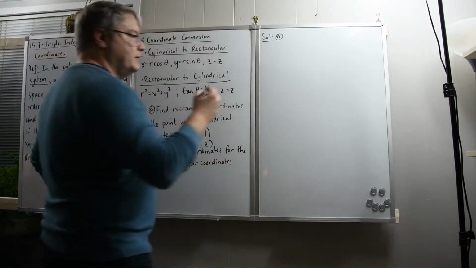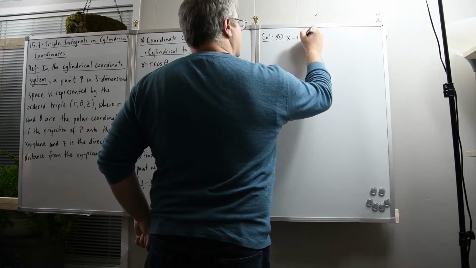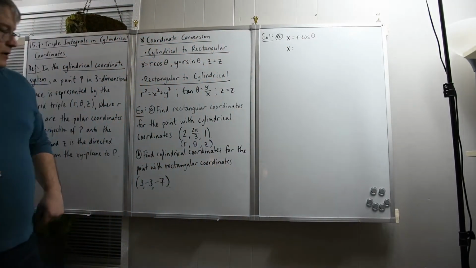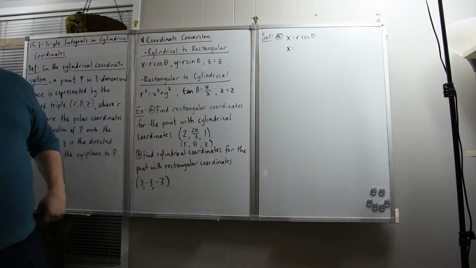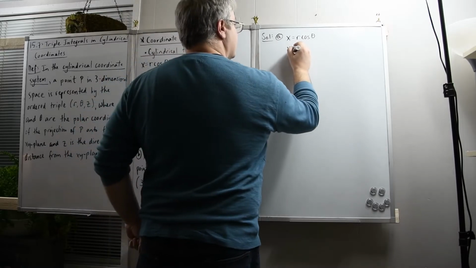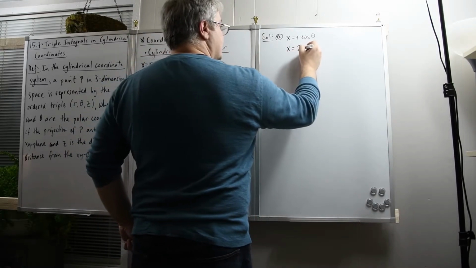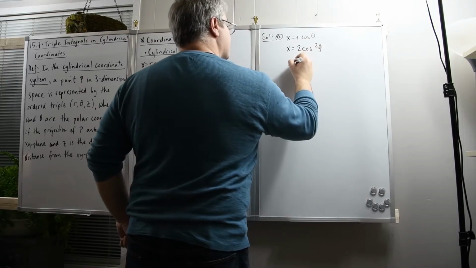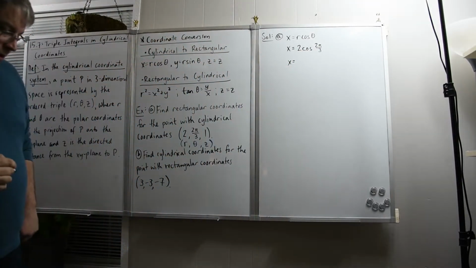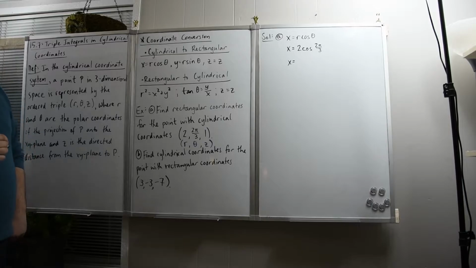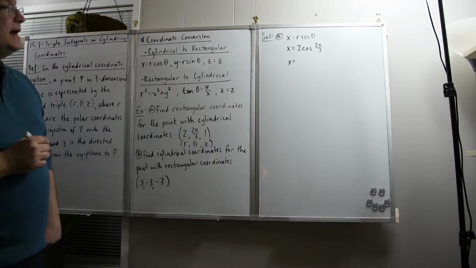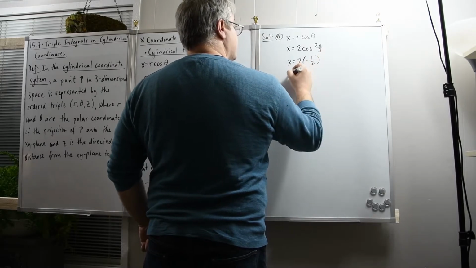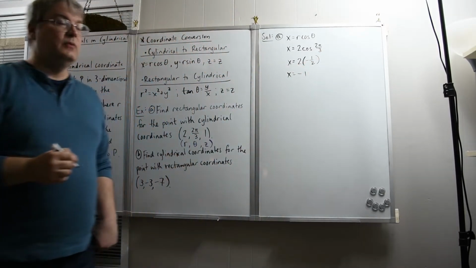So we start out with x equals r cosine theta. If we know that r is 2 and theta is 2 pi over 3, that means x is 2 times cosine of 2 pi over 3. Now, cosine of 2 pi over 3 is -1/2, so x is equal to 2 times -1/2, which means x is -1.